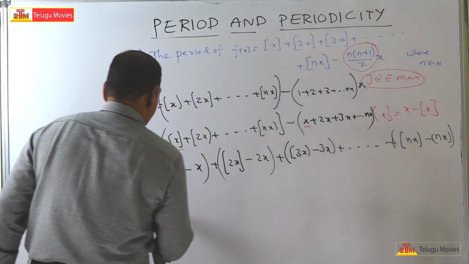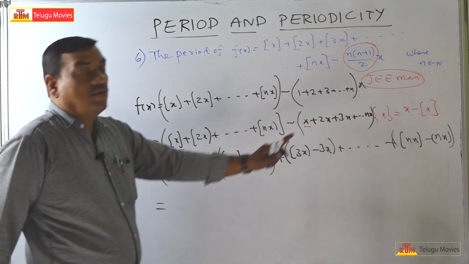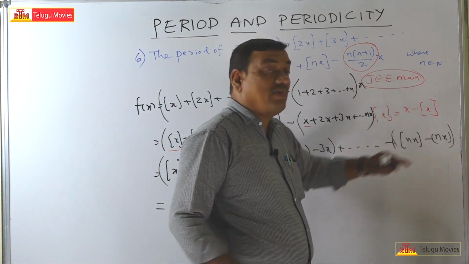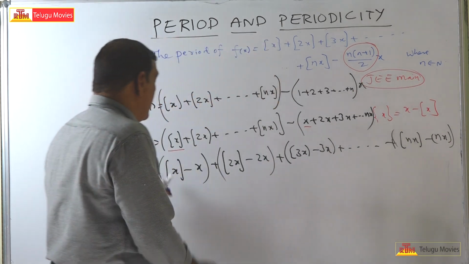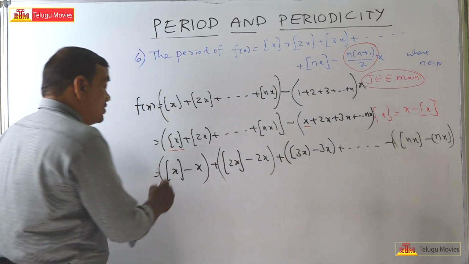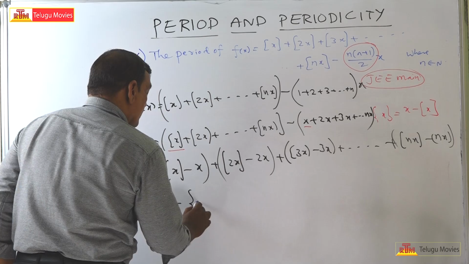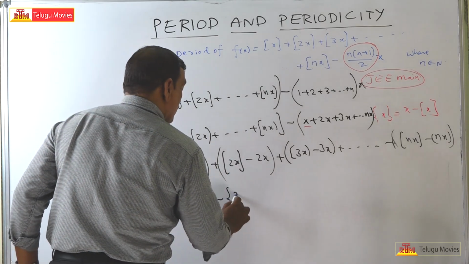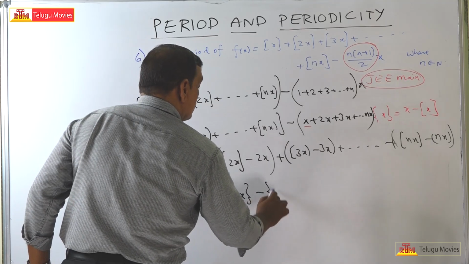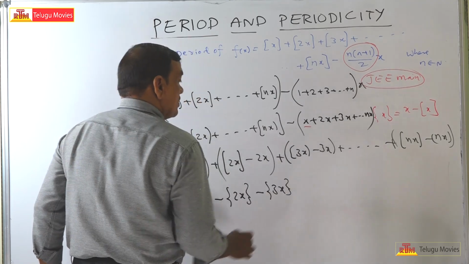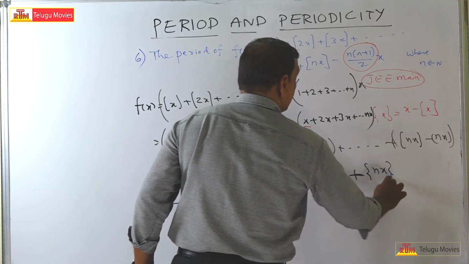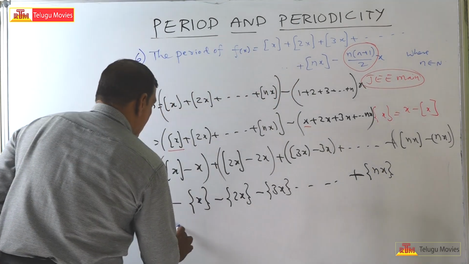This is nothing but, fractional part of x is equal to x minus step of x, so here the reverse is there. Therefore minus of fractional part of x, minus of fractional part of 2x, minus of fractional part of 3x, so on, minus of fractional part of nx. Take minus common outside.